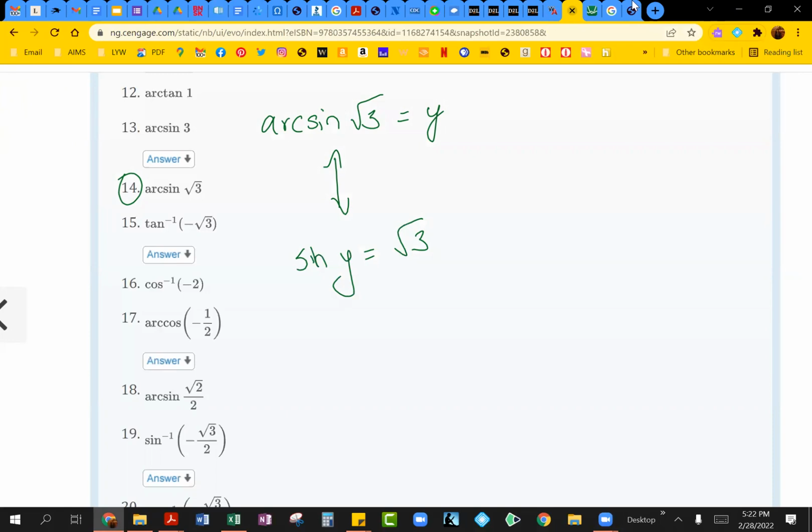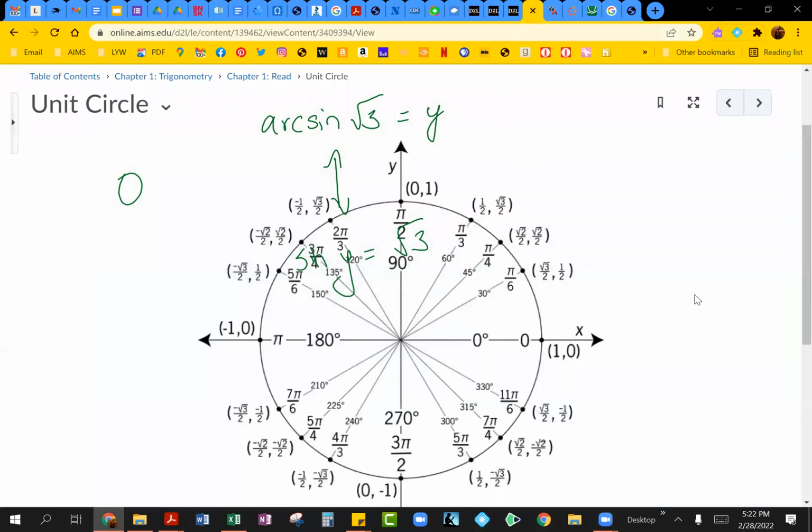So what can we do to find the y value for which the sine function is equal to square root of 3, or basically arc sine of square root of 3 will be equal to this answer? What do you guys think?